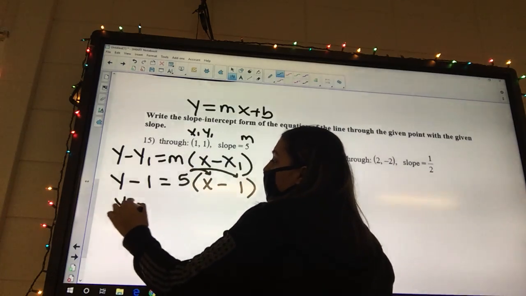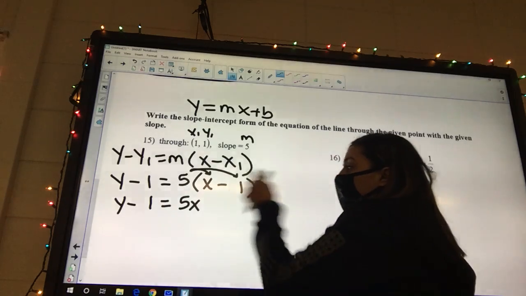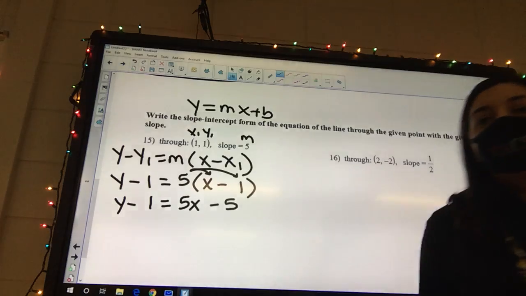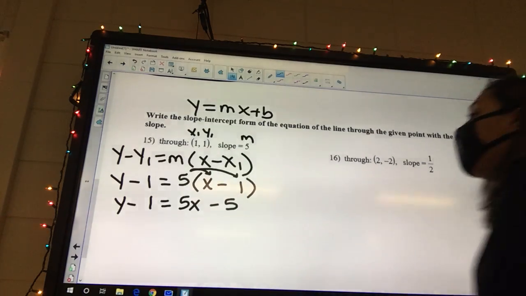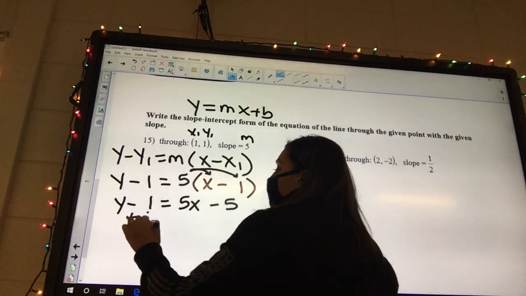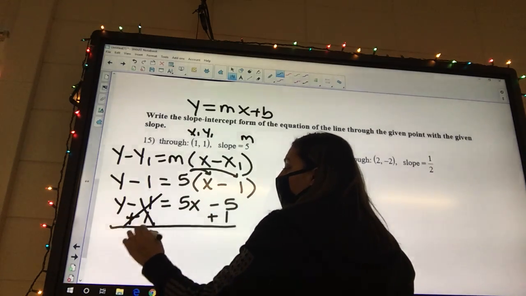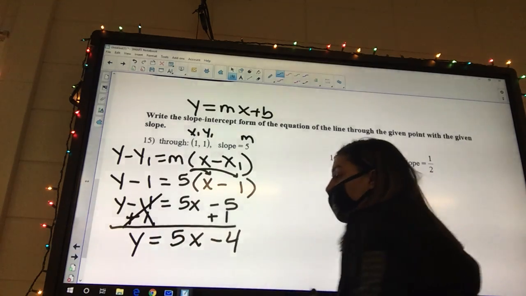So I got y minus 1 equals 5x, and then 5 times negative 1 is going to be negative 5. And then I'm going to have to add 1 to both sides. y equals 5x minus 4.